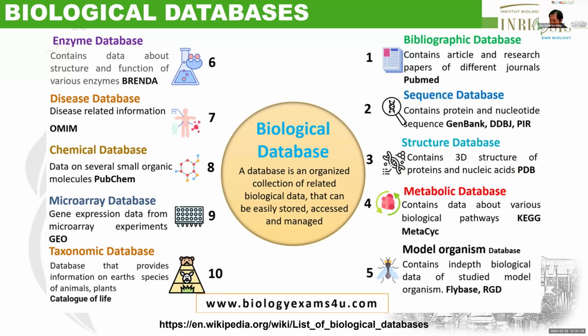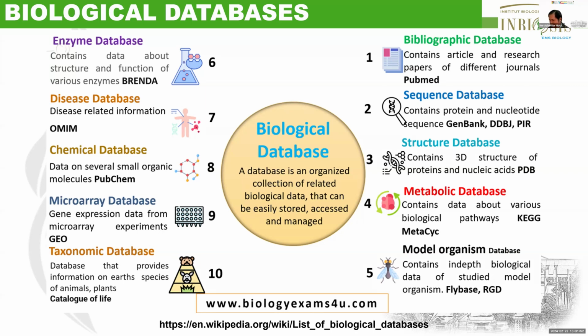From all those omics technologies and experiments, basically we have a lot of databases. This is just a short overview of the available databases out there. There are at least 10 classes of databases. Number 1 is the indexing of journals. Then we have sequence databases, for example, DDBJ itself. Then we have structure databases, the most prominent one is the PDB. Metabolic databases, the KEGG database is one example. Then we have model organism databases.